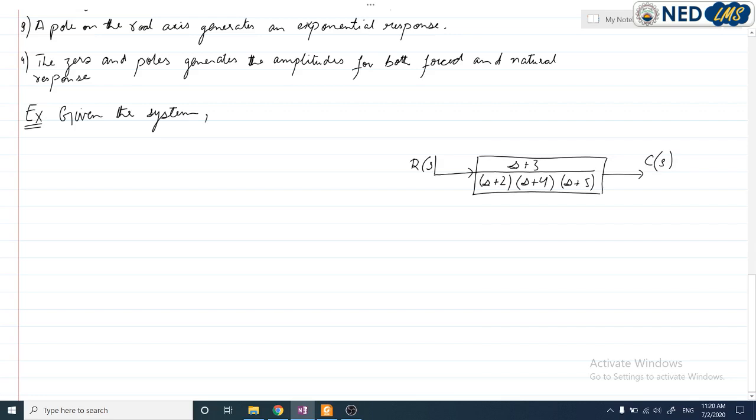So we have to write the output in time domain in general terms.